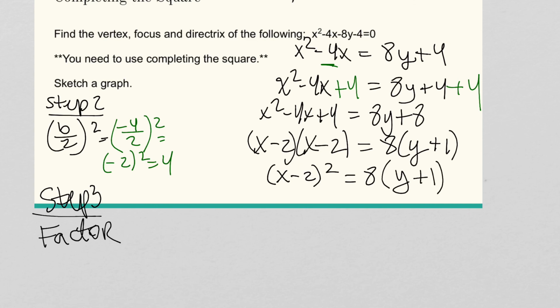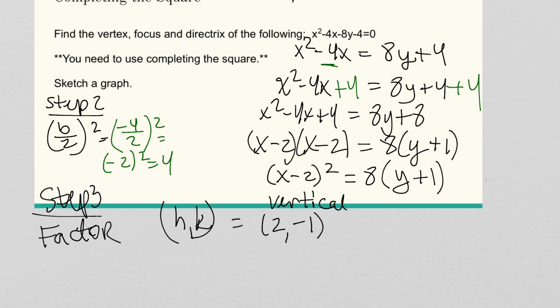If I look at my lovely equations again, this is a vertical parabola. So my h and k is 2 comma -1. Let's take a look at the equation.